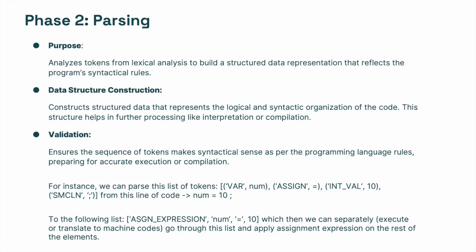So for this line, after we analyze all the tokens and make sure it is following all the rules and there's no error in them, we end up generating a meaningful list, which is now ready to be executed by the next phase, whatever that is. If it's an interpreter, we need to run things line by line. If it's a compiler, we need to convert everything into another language, like another executable file, all at once.